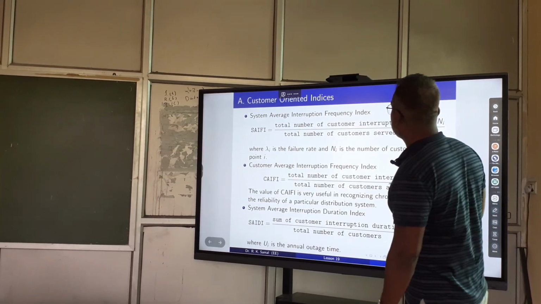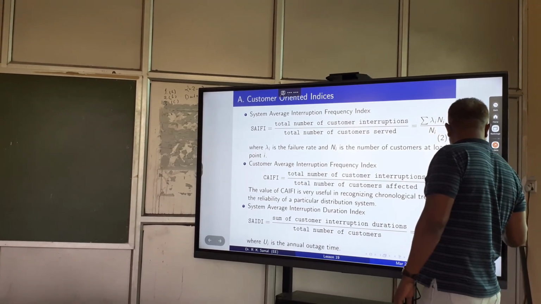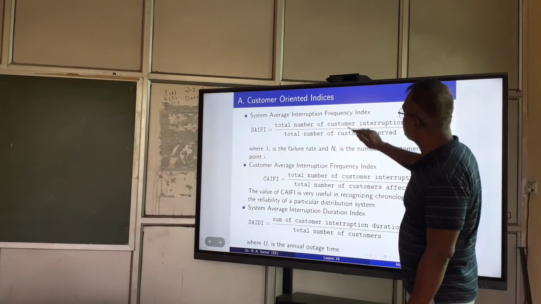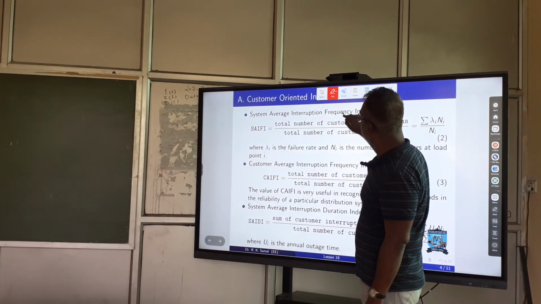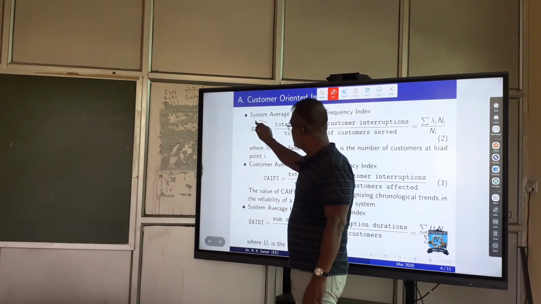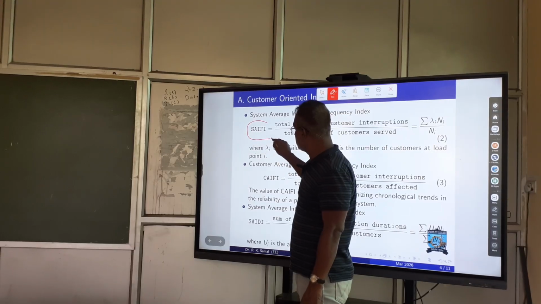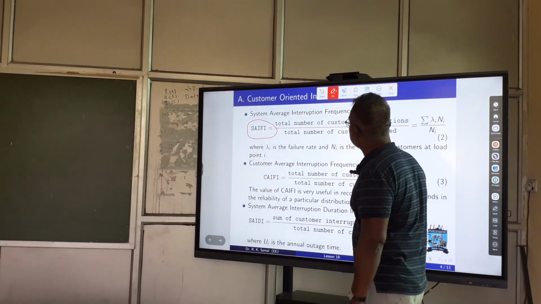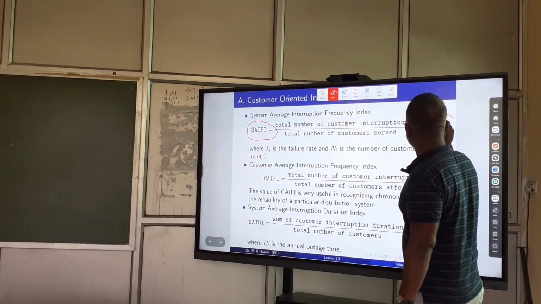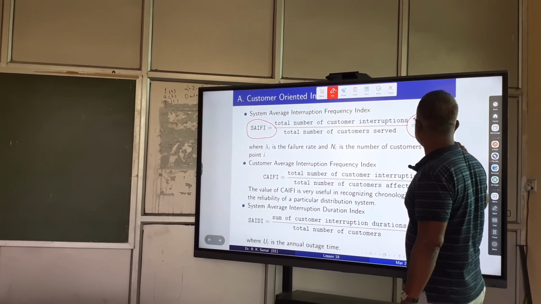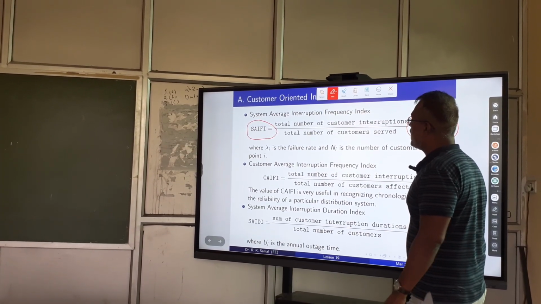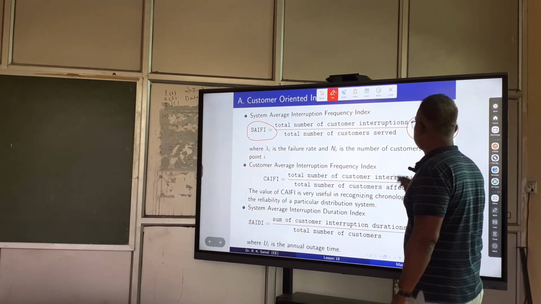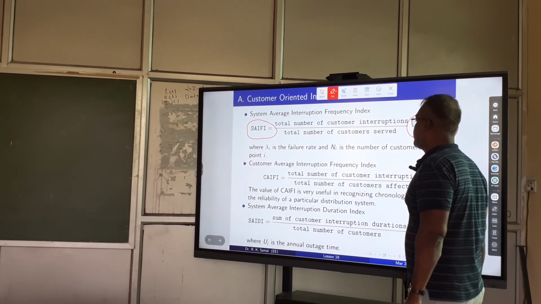So what is the first term? First is the system average interruption frequency index. Just write down the abbreviation, SAIFI. SAIFI is equal to the summation of lambda_i N_i divided by the summation of N_i, where lambda_i is the failure rate and N_i is the number of customers at the load point.